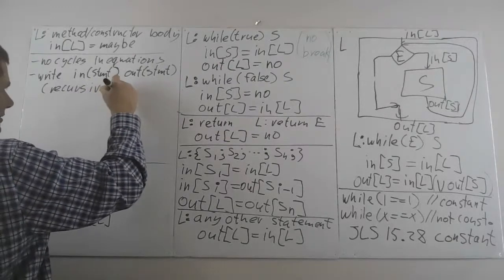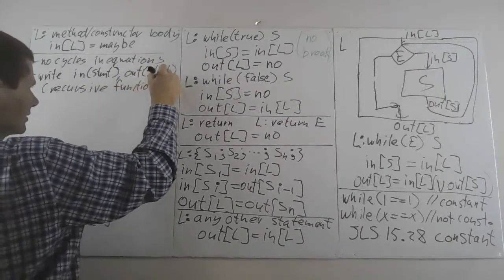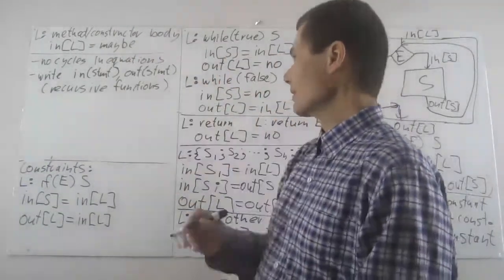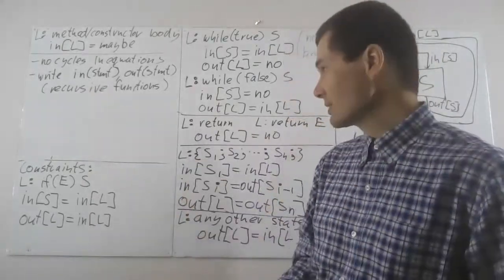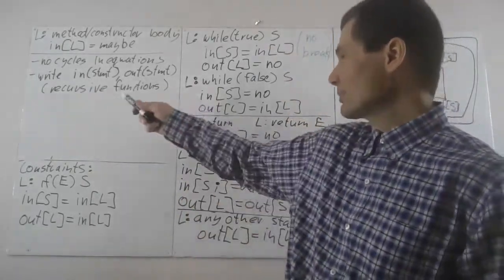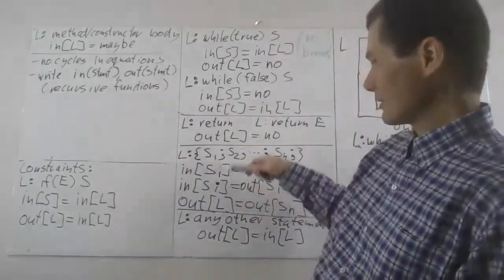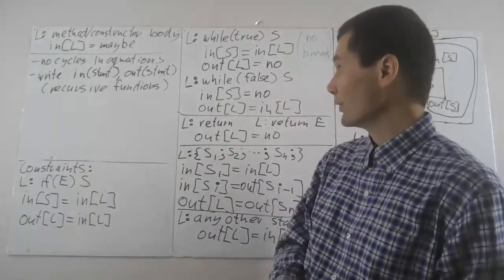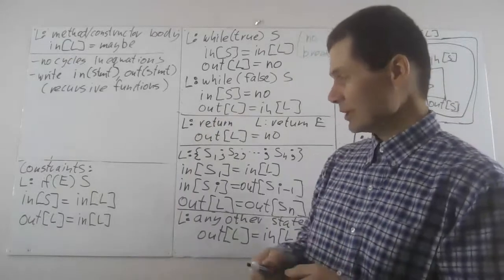So recursive functions. I'm going to write two functions, one called in, one called out. They each take a statement of the AST, and their implementation is going to look at that statement and find the right equation among all the various equations that I had on the board. And then the implementation is just what the equation says, right?